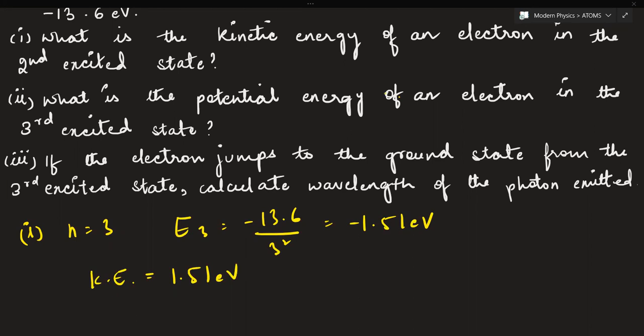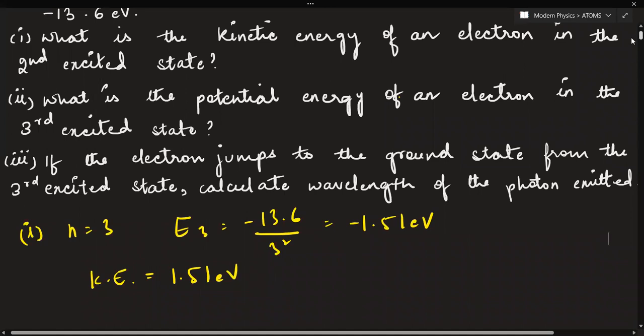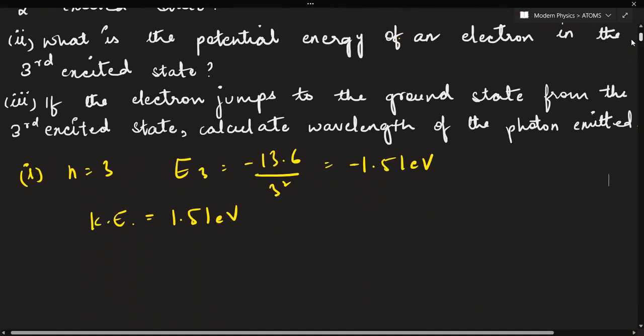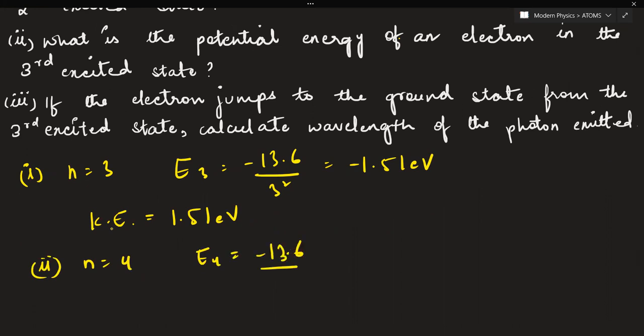What is the potential energy of an electron in the third excited state? Total energy we know how to calculate. Third excited state means one more ahead, that is E4, N equal to 4. So total energy will be minus 0.85 electron volt. That's why I'm saying please remember these values at least till 5 or 6; your calculations will become faster and easier.